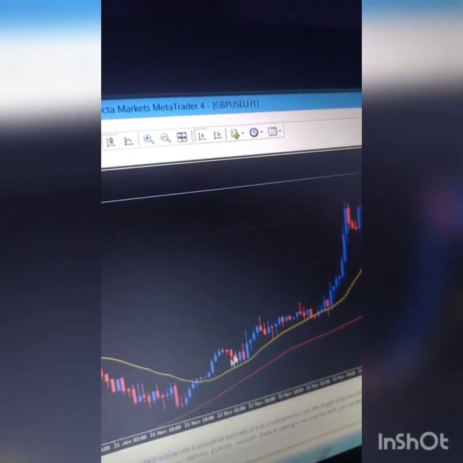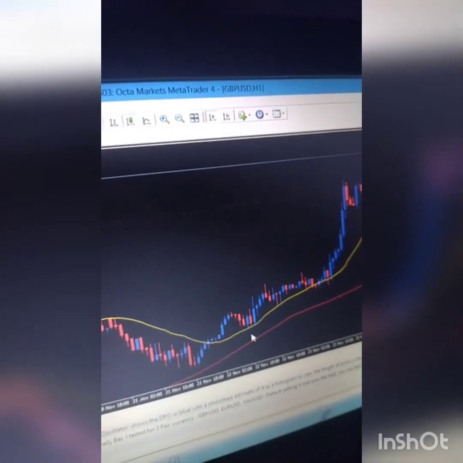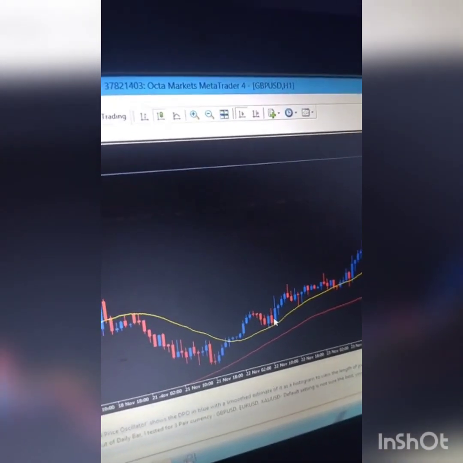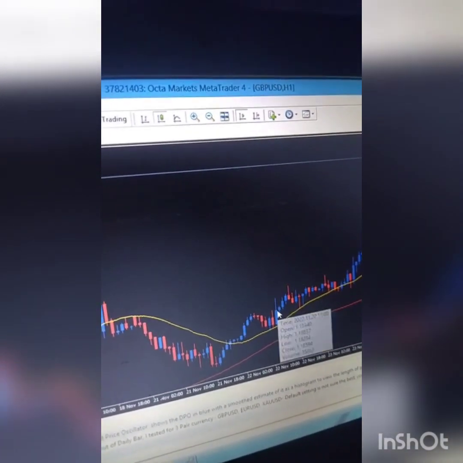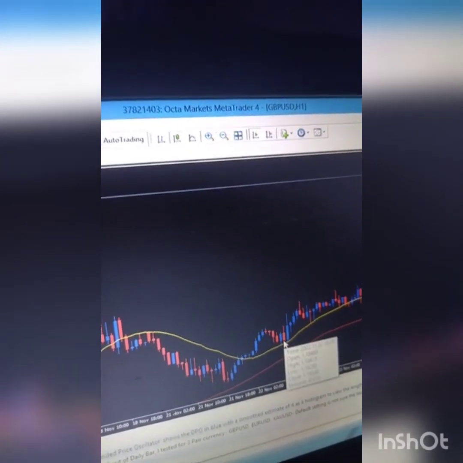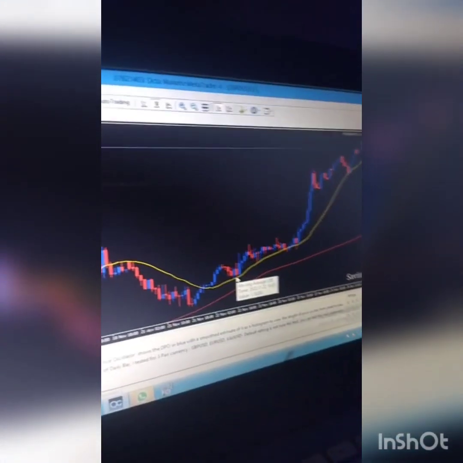Then price is above moving average 20. Then you see this red here is being taken out by a blue. So you're supposed to enter here, and set your stop loss below the previous red.